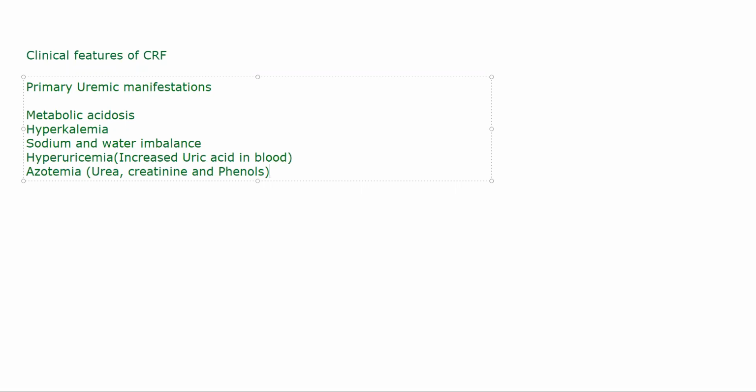These three are generally the metabolic waste products of proteins. Whenever there is metabolism of proteins, these waste products are formed. Normally, they are lost in your urine. But because GFR is so low and your nephrons are not working properly, azotemia occurs in this patient. Now, these are the primary manifestations that you see.